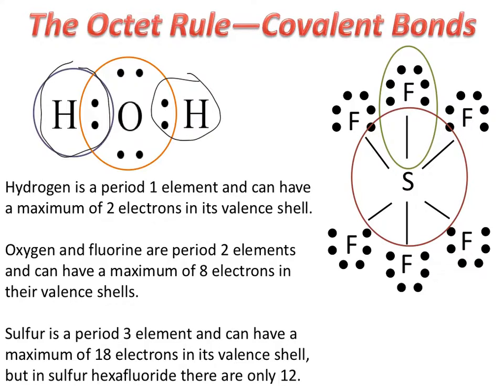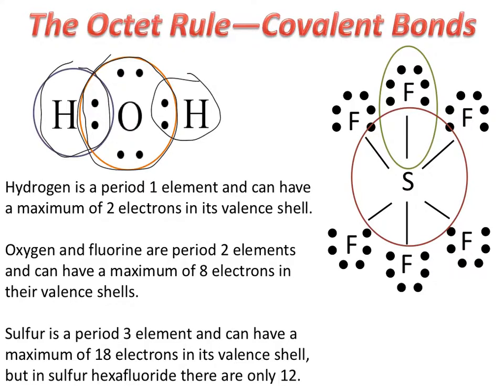This results in a single bond. For the oxygen, the sharing of electrons with the hydrogens gives it an octet. It's a period 2 element, and can have a maximum of 8 electrons in its outer shell.